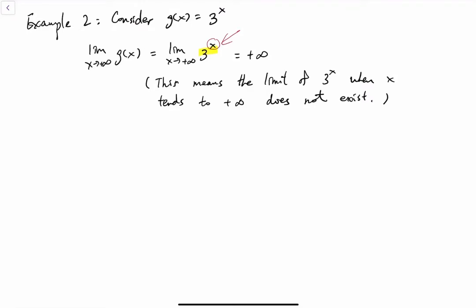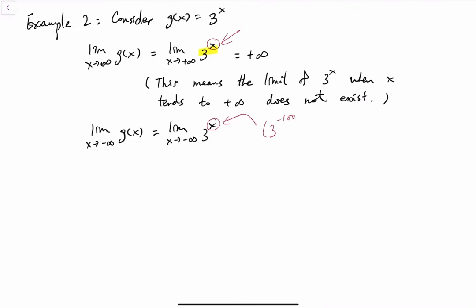Then how about the case when x tends to negative infinity? Is it the same? Let's look at it. Imagine if x is very small this time, then what's the value of 3 to the power x? You can imagine, let's say, we put x as negative 100.